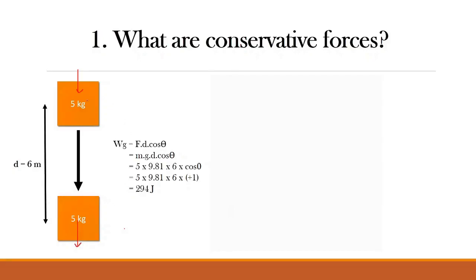Both these directions coincide with each other, hence the angle becomes 0 degree. The value of cos 0 is equal to plus 1, hence we get the value of work done equal to 294 joule.